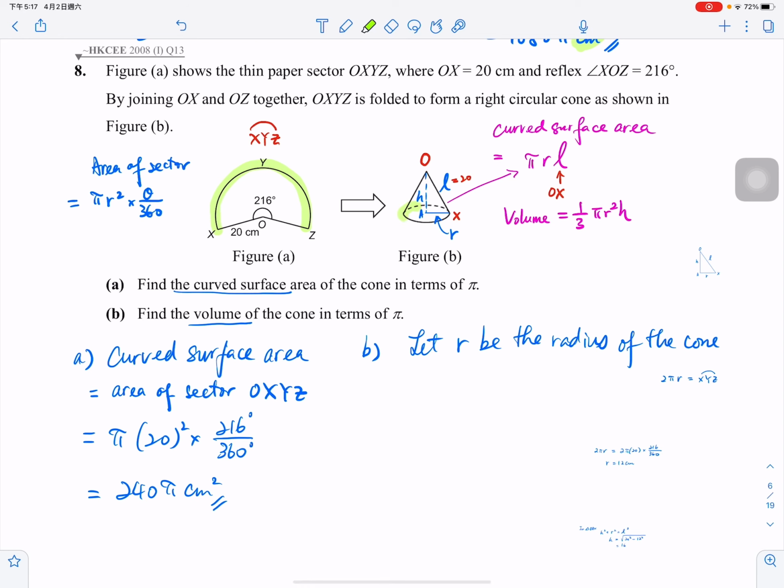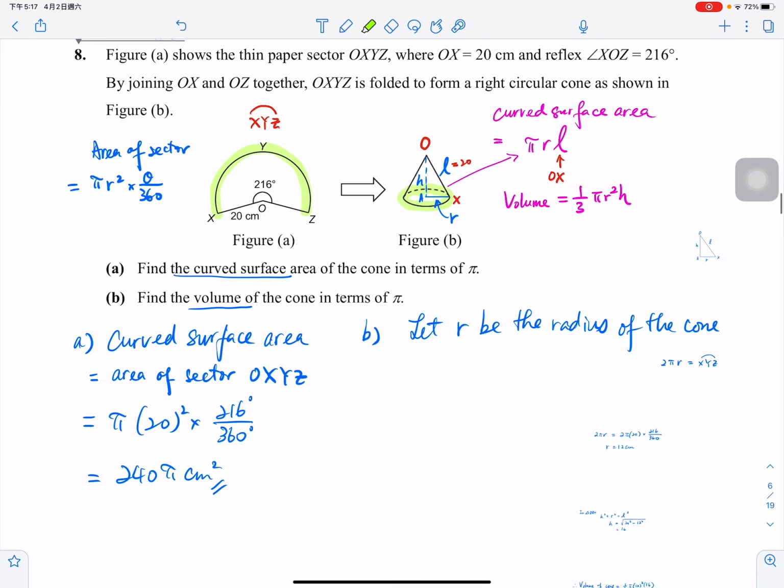So we let r be the radius of the cone, and by the relation between this circle and the arc length XYZ, we can set up the equation.